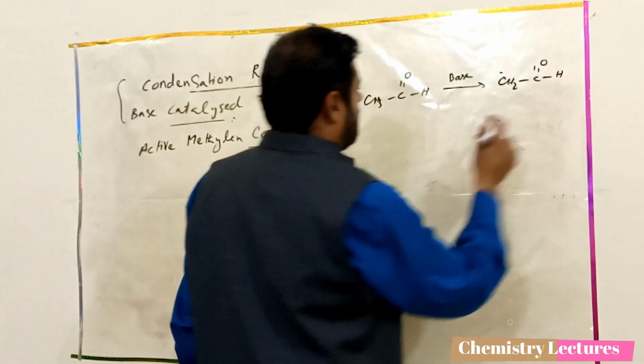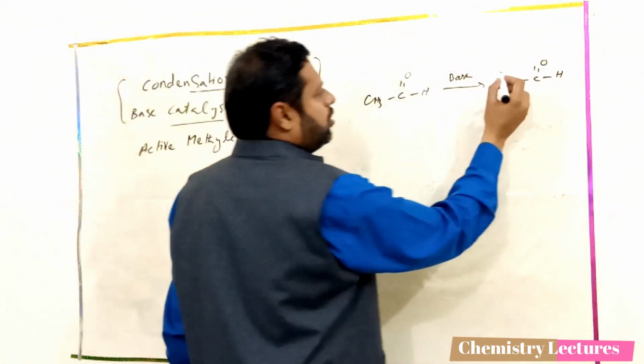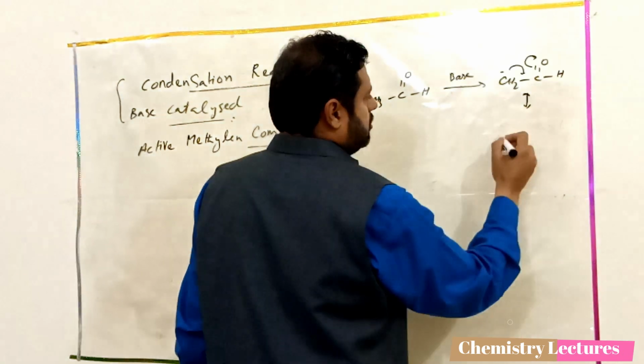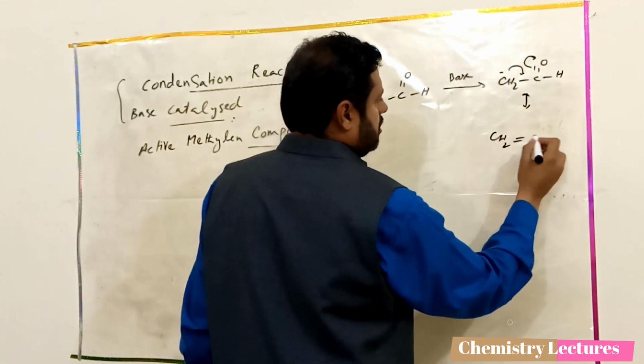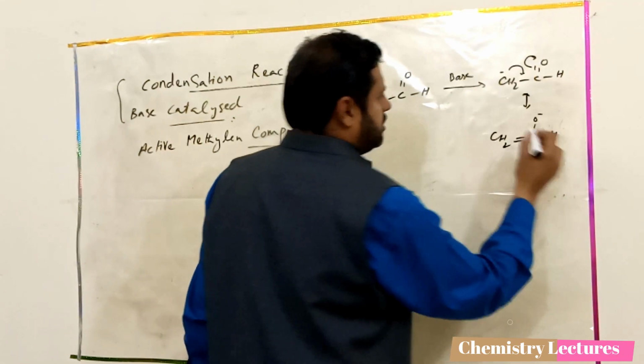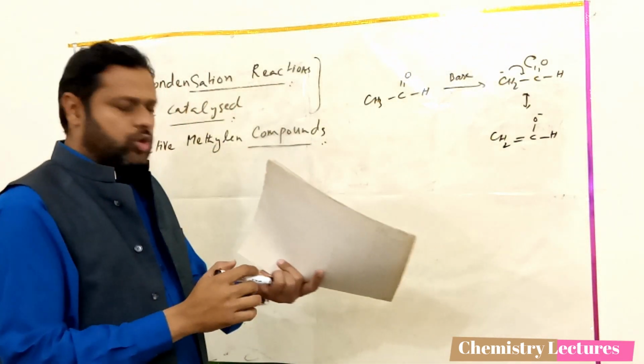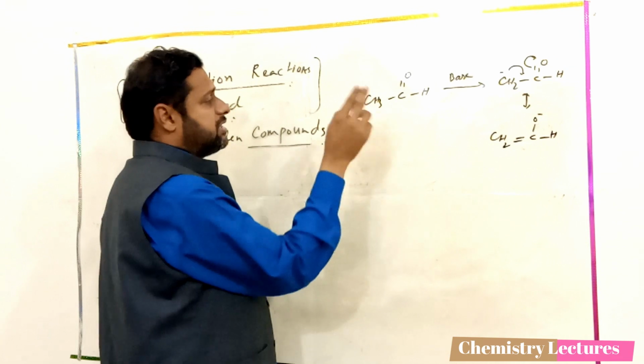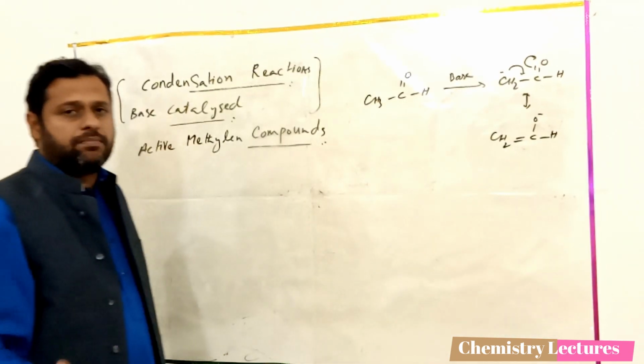Now this carbanion is stabilized. Why? Because this negative charge is resonance stabilized. Due to this reason, it is very easy to remove a proton from this methylene, so this methylene is called an active methylene compound.